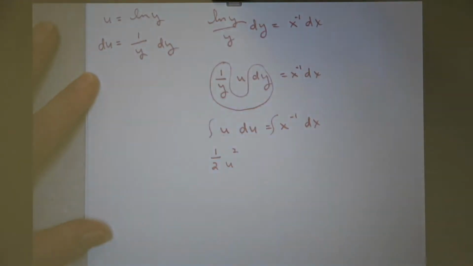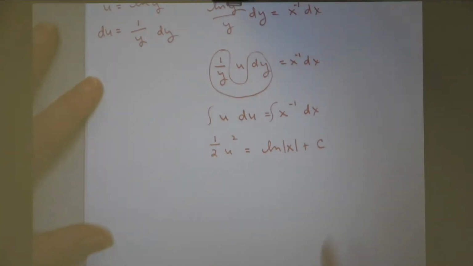Remember, your constant of integration goes on the x side, not the y side. Is going to be ln x plus c. Everybody good there? All right. It's indefinite, so I'm going to have to make my substitution back. So I've got 1/2 ln y squared is ln absolute value of x plus c. Everybody good?